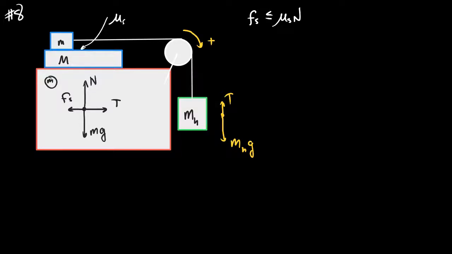Alrighty. The box that's actually resting on a table is experiencing a group of its own forces. It's experiencing a normal force downwards that's equivalent to the normal force upwards on the smaller box. It's got its weight downwards. It's got a normal force from the table upwards.